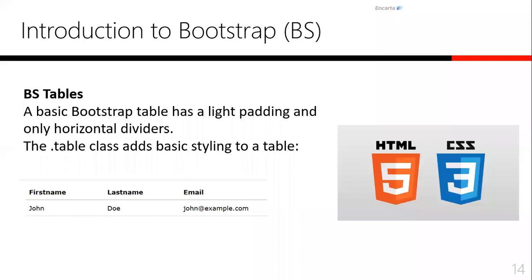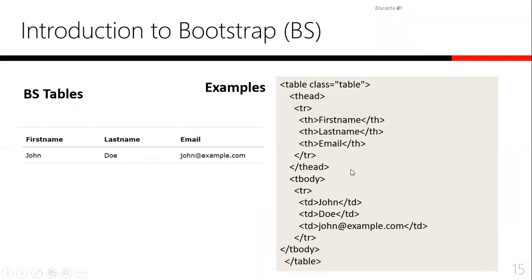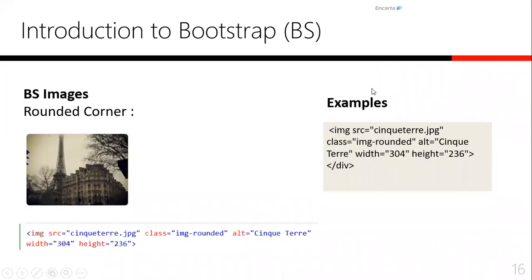So that's that for table. So table is just, you've written your table tag. All you just need to do is to write class table. Now we have images. You can bring in images to Bootstrap. And using Bootstrap, you can create effect on your images.